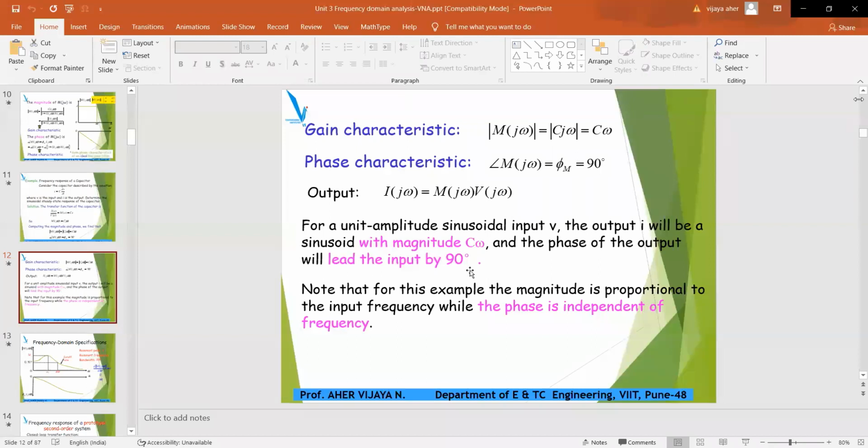And the equation for capacitor current is I equal to C dv by dt. So you have to note that for this example, the magnitude is proportional to the input frequency, while the phase is independent of frequency, right?